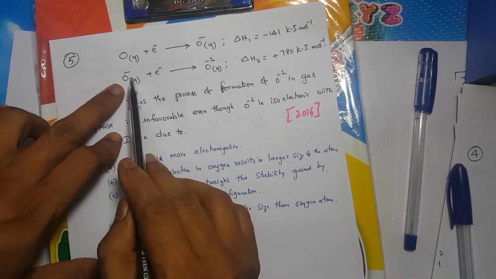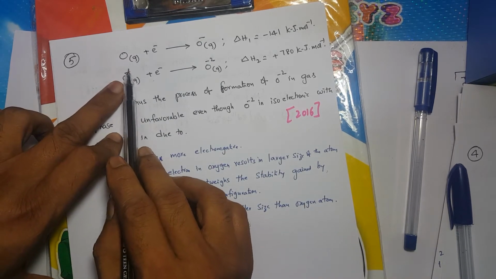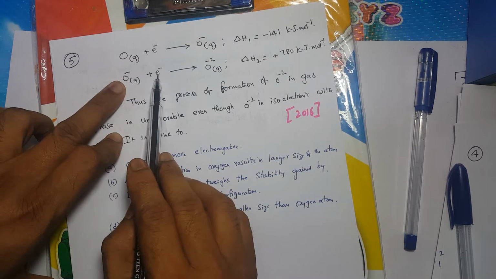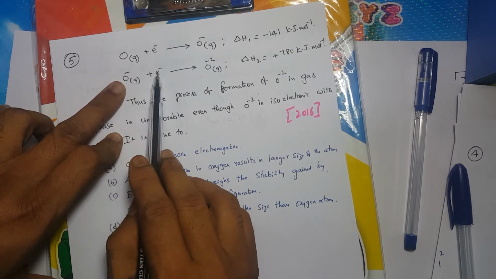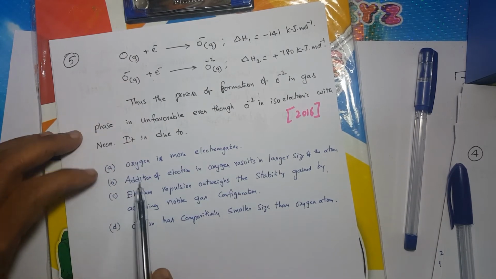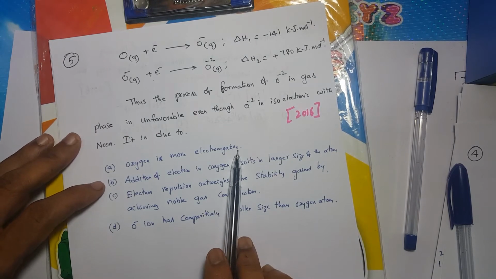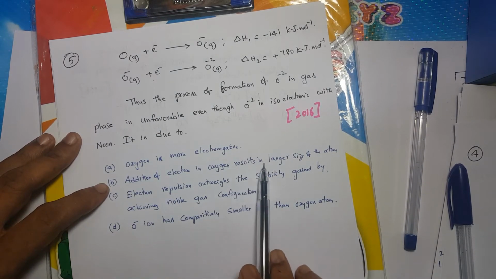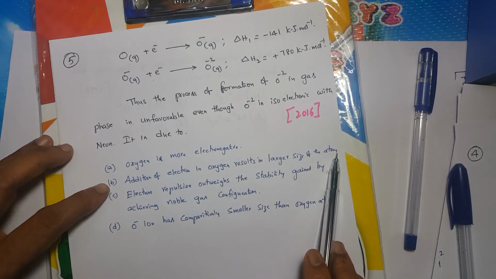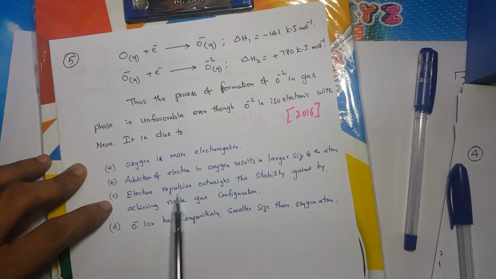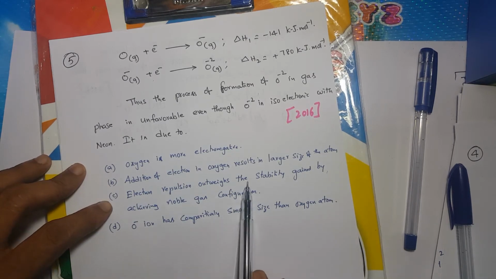Okay, so the reason is, see here, oxygen is already having a negative charge. So we are adding the electron to a negatively charged species. That oxygen is more electronegative is not the reason. Addition of electrons to oxygen giving a larger size of the atom is also not the reason. Electron repulsion outweighs the stability gained by achieving the noble gas configuration.